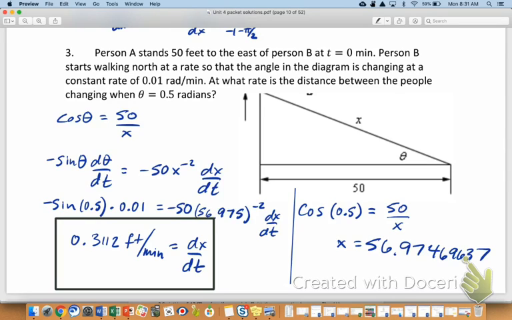My relating equation, and I didn't do all the extra setup stuff that you guys probably did, so you should probably be doing that, setting up what we're trying to find and what the other rate would be in the freeze frame moment. Anyway, the relationship is a trig function, cosine there, and then I did my d/dt, plugged stuff in, and I got 0.311.